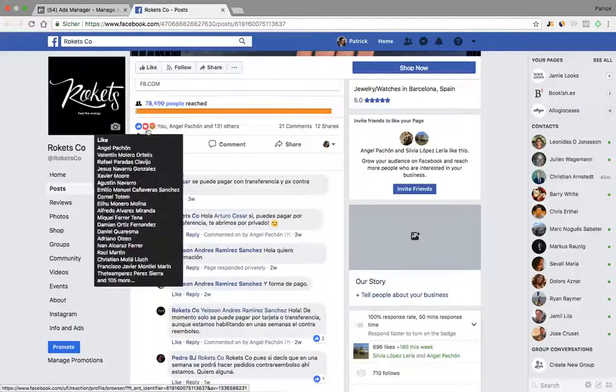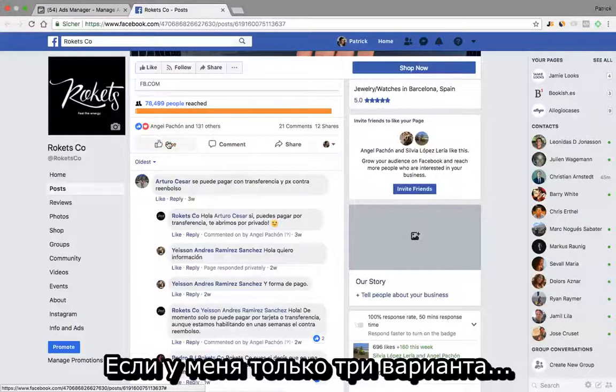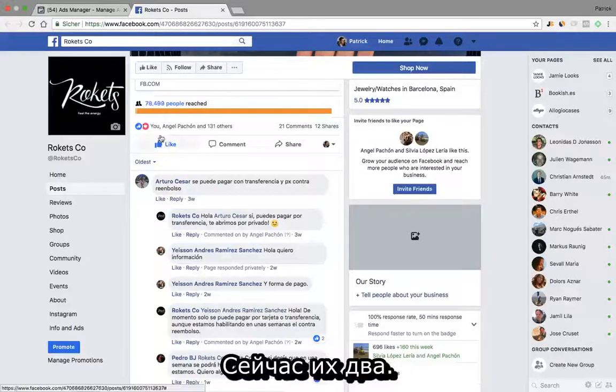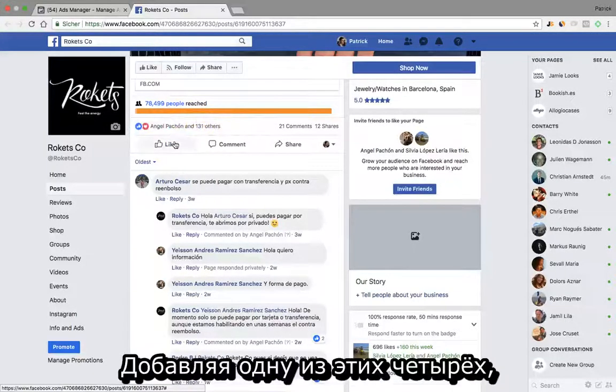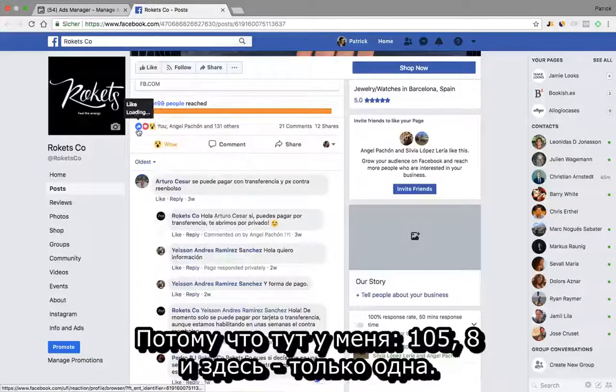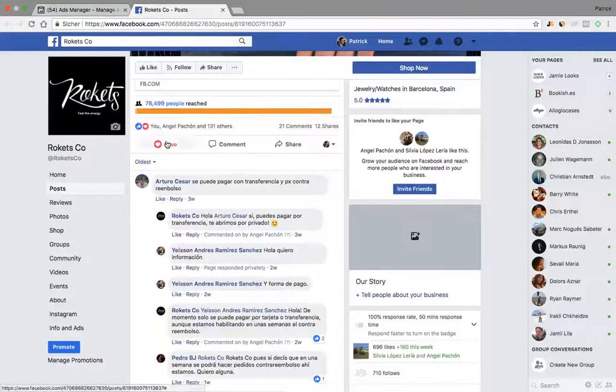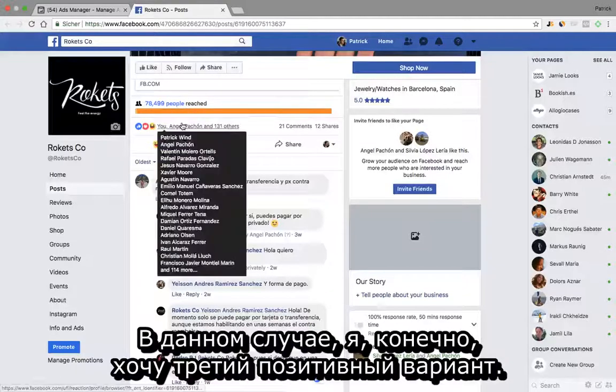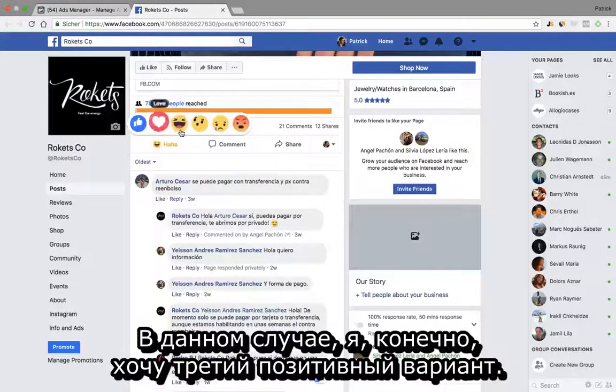Okay, right now I only have 2 options, so by just adding any one of those 4, it will be added as a third option, because from them I have 105, I have 8, and this one I have only 1. And in this specific case, of course, I want the third positive option.